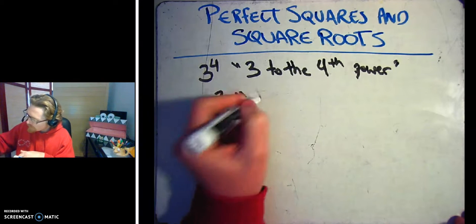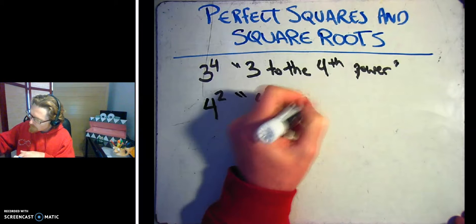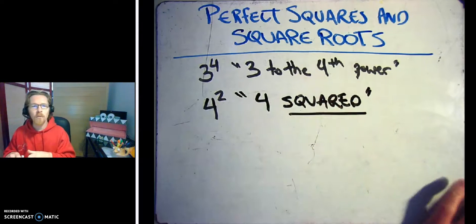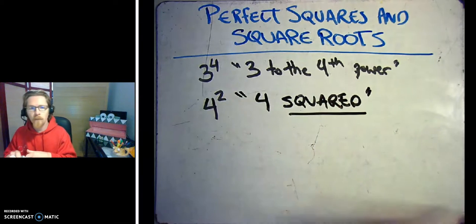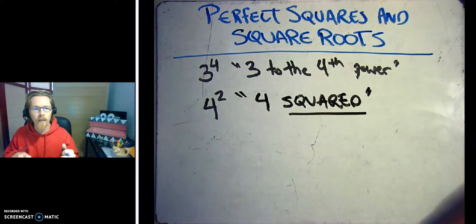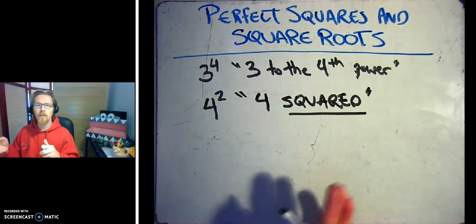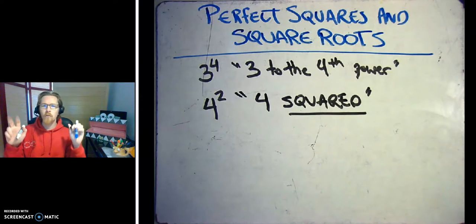What we generally say is 4 squared. We use this kind of different term to define a power of 2. We say 4 squared. And so I want to look at the kind of origin of that topic first. Why is 4 to the 2nd power called 4 squared?